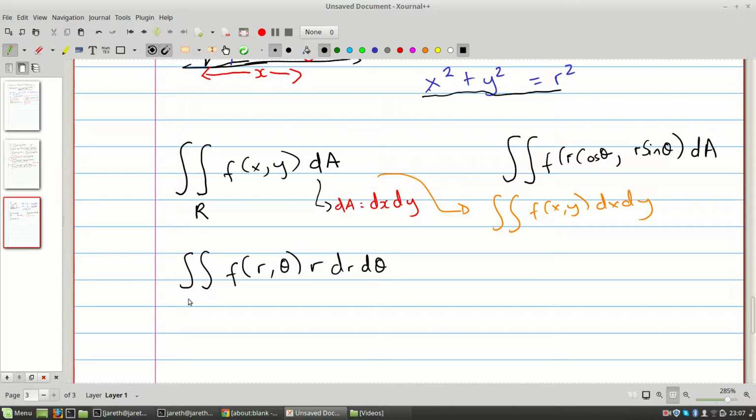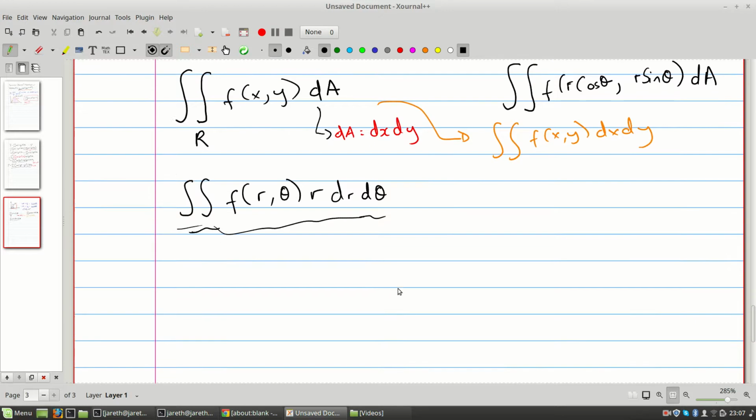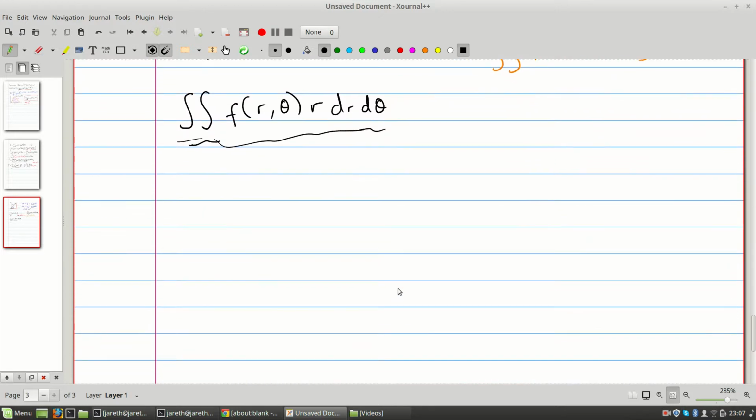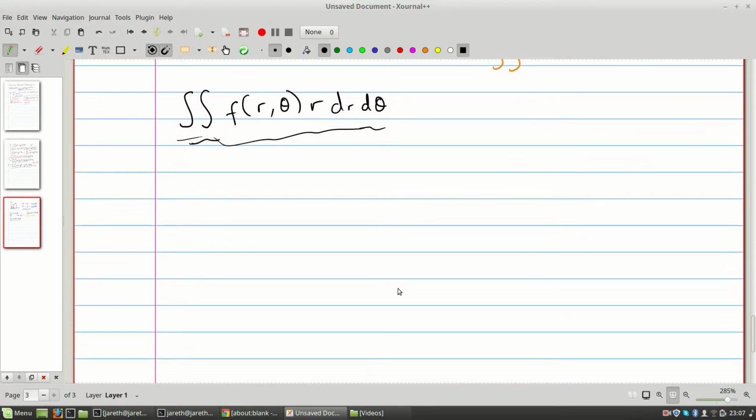If you're familiar with multivariable calculus, you probably know why this is the case. But for those who aren't, I'm going to give two ideas that will help you understand this better. The first one is more of a formula for changing the variables of a double integral like this one.